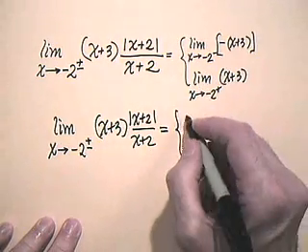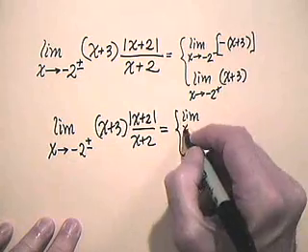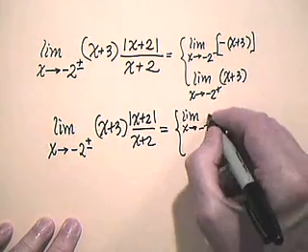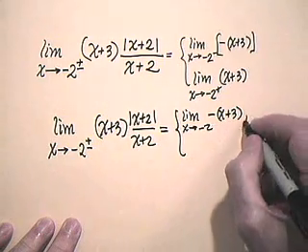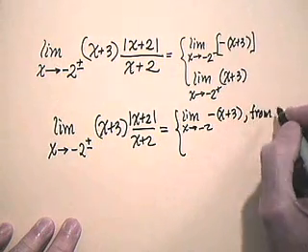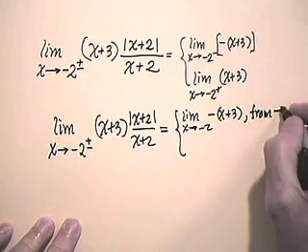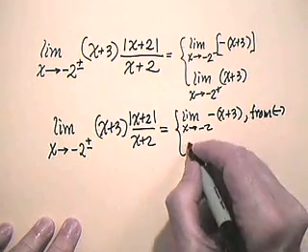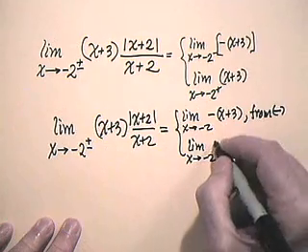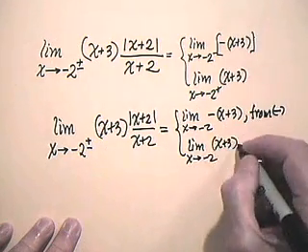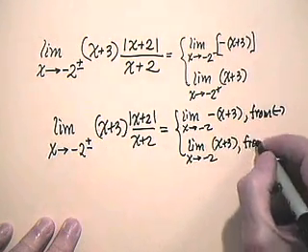the limit as x approaches negative 2 of negative the quantity x plus 3 when we come in from the left. I'll just put from minus. And the limit as x approaches negative 2 of x plus 3 itself when we come in from the right.